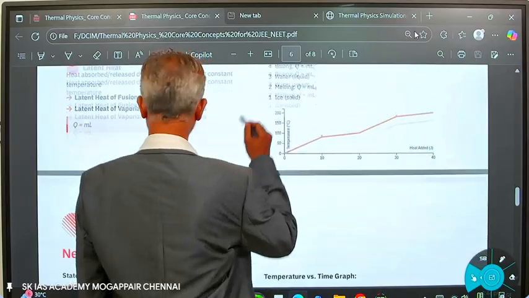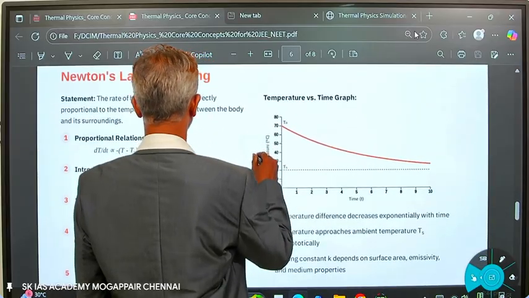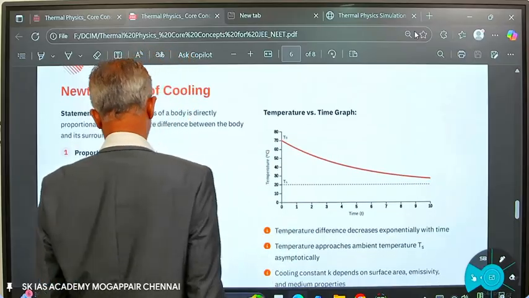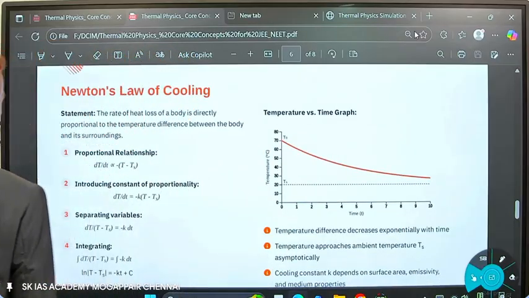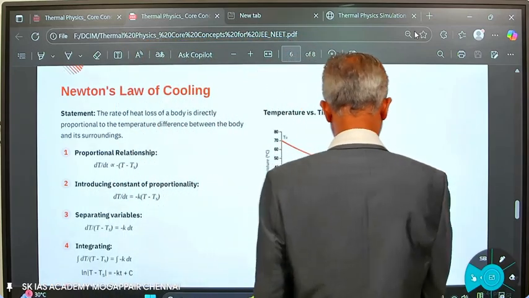Now I am going to the next concept: Newton's law of cooling. Okay, wait.